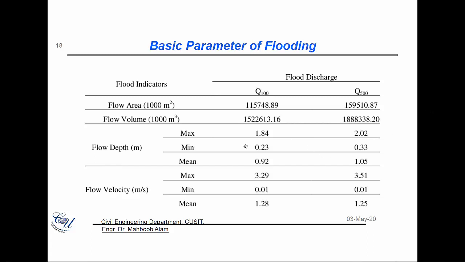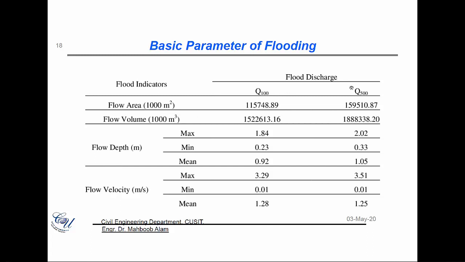So for example, let's say we are looking at a 100-year flood, and the 100-year flood has a maximum flow depth of 1.84 meters and a maximum velocity of 3.29 meters per second. The volume is something like this, in 1000 of cubic meters, and the area that would be inundated, or affected by a 100-year flood, would be this much in thousands of square meters.